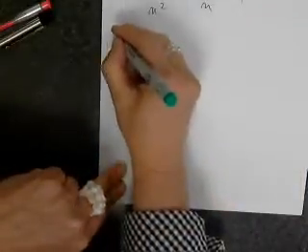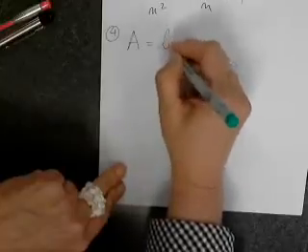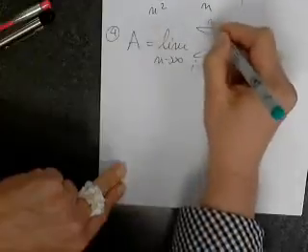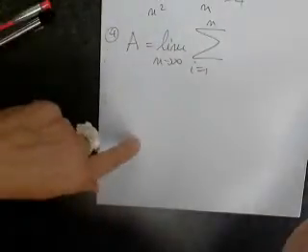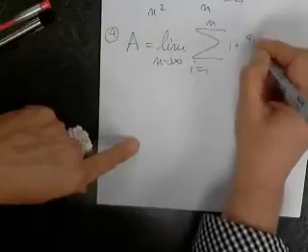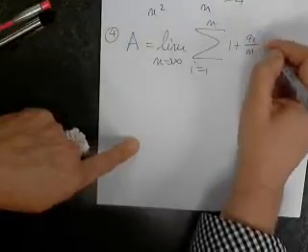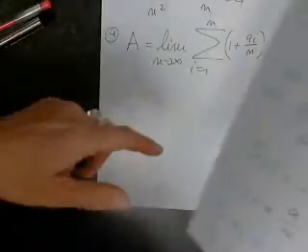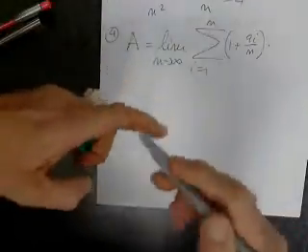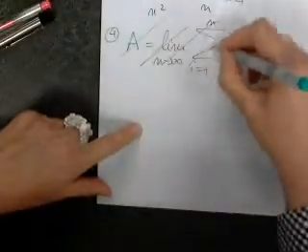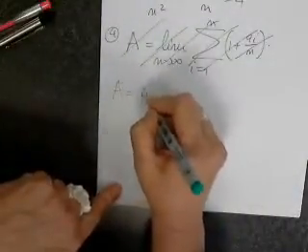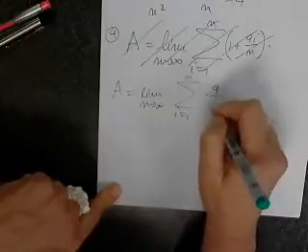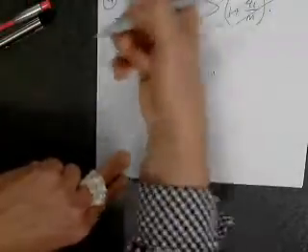Now I'm ready for step 4. The area is the limit as n approaches infinity of the sum from i equals 1 through n of the base times the height. So limit as n approaches infinity, i equals 1 through n, 9 over n, that's the base, times the height, which is all this.